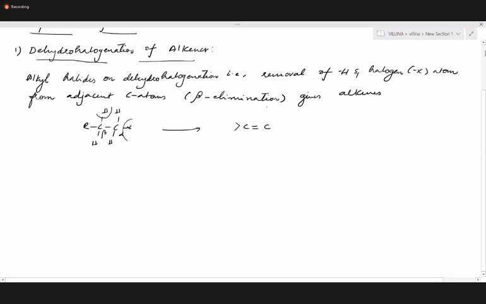Just a simple reaction. So we are doing beta elimination. We are removing hydrogen as H plus and halogen as X minus, so that a new carbon-carbon pi bond forms, giving us an alkene. So this is an alkyl halide, and we are ending up with an alkene.